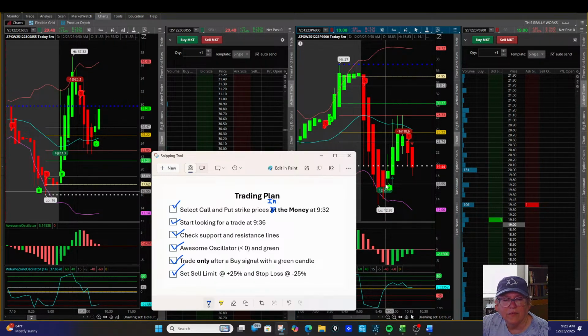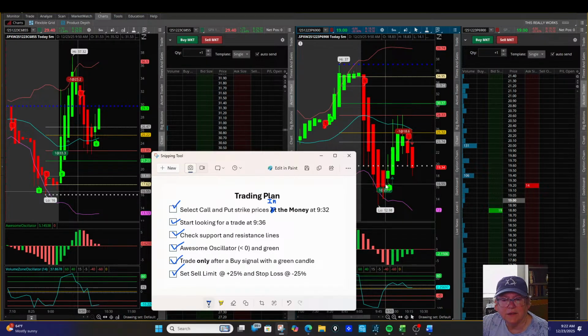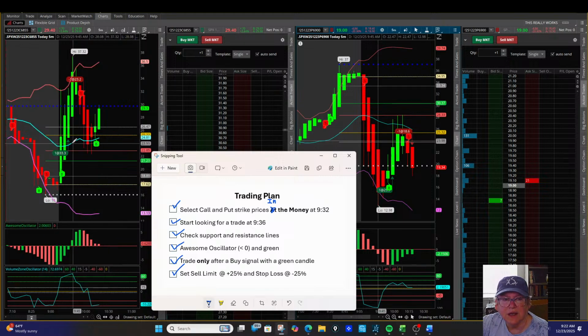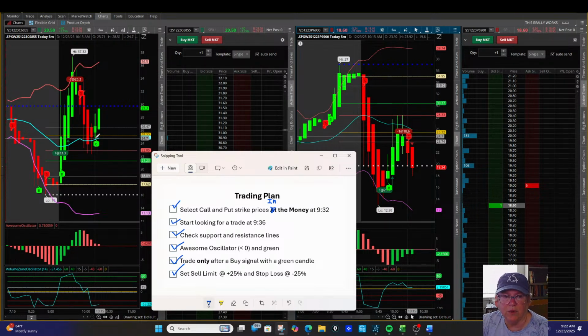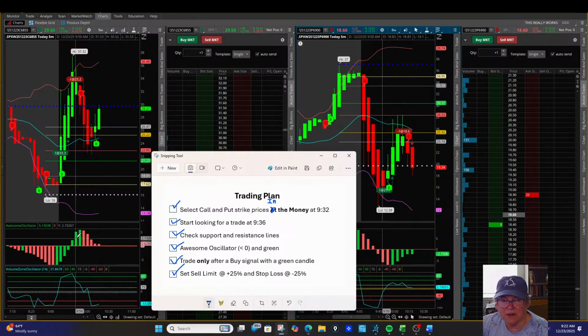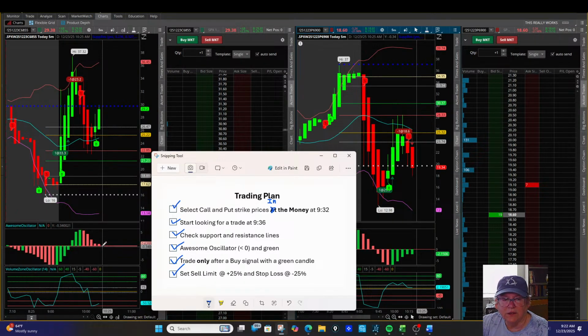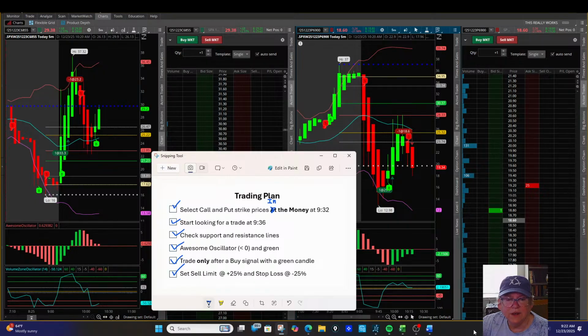And just want to look at the buy and sell signals. I have it ring a bell when there's a buy signal, but I don't really have anything down here for the awesome oscillator. So I'm mainly looking at the awesome oscillator a lot of the time, or the AO.